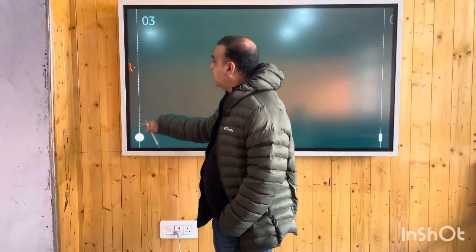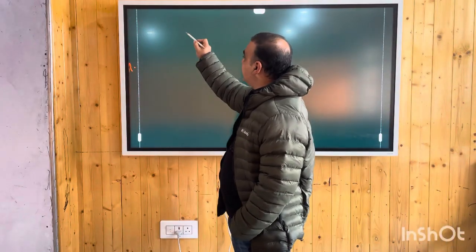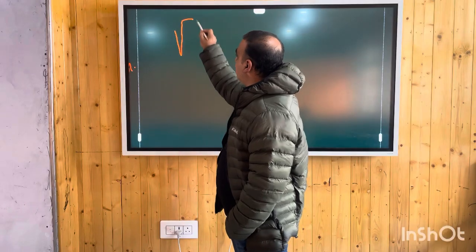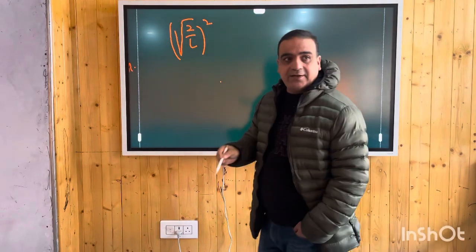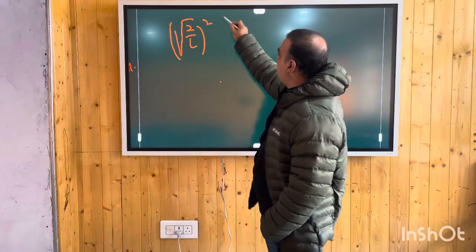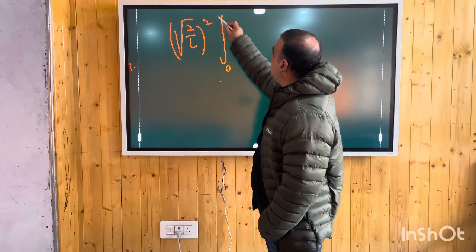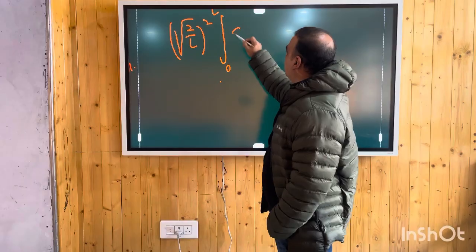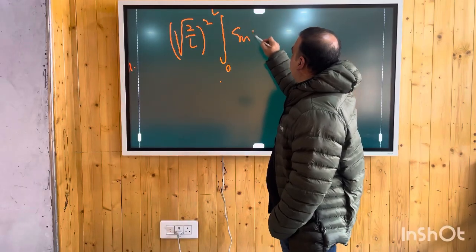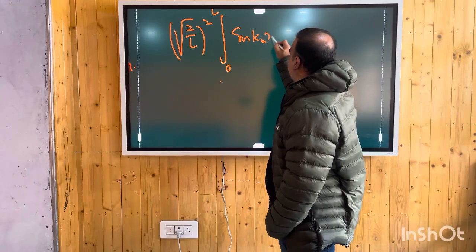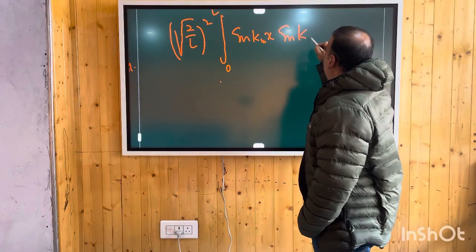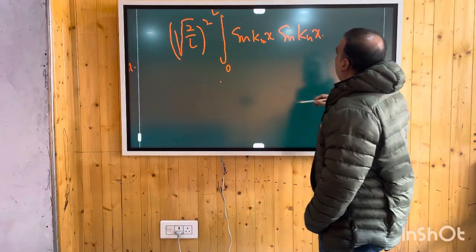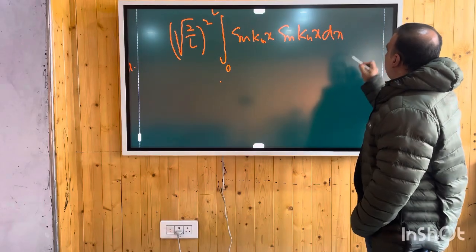What we get out of this is under root of 2 by L whole square outside the integral, and then you will be left with the integral from 0 to L of sine k m x and sine k n x dx.